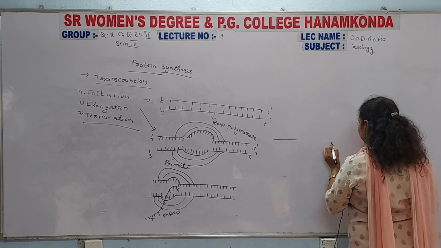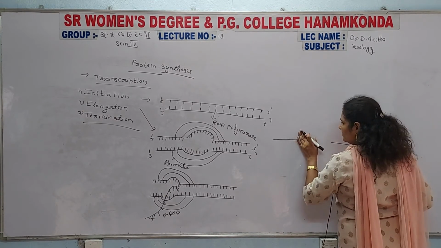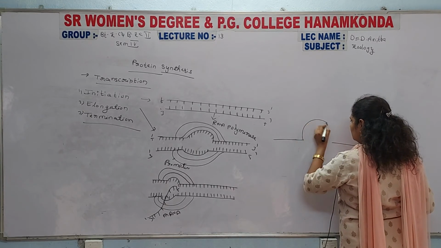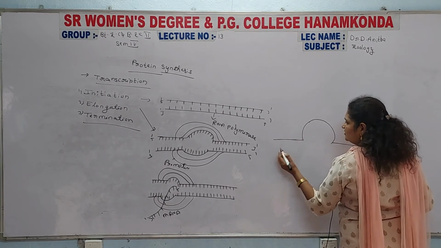The termination. At the end of the transcription process, the mRNA is completely synthesized. It completely resembles a hairpin structure.